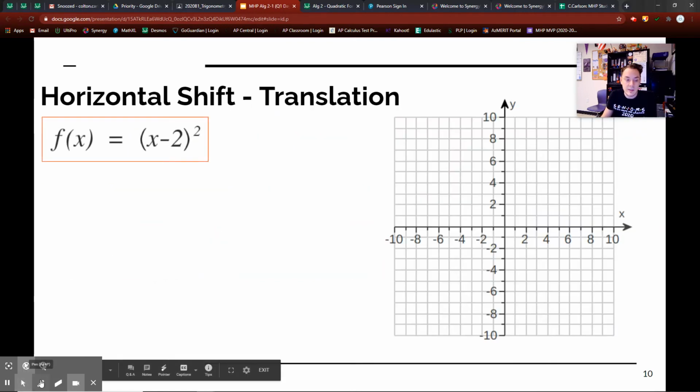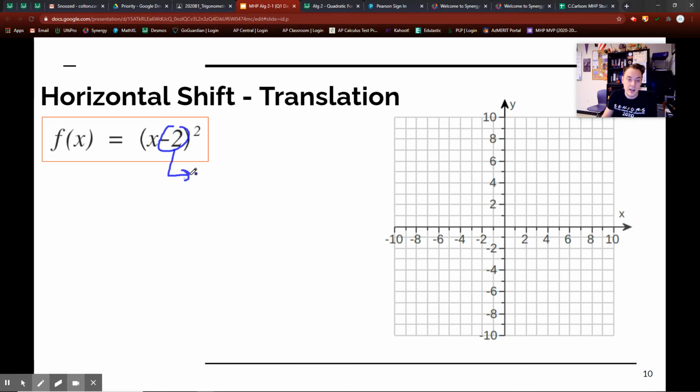Okay, so if I'm given something like this, well, this, of course, is just a -2. But remember, it's a built-in negative. So it's the same thing as saying minus a +2 and then squared. So this +2 is going to move up 2. Okay, so if this is my parent graph, what my actual graph would be is move everything up 2.